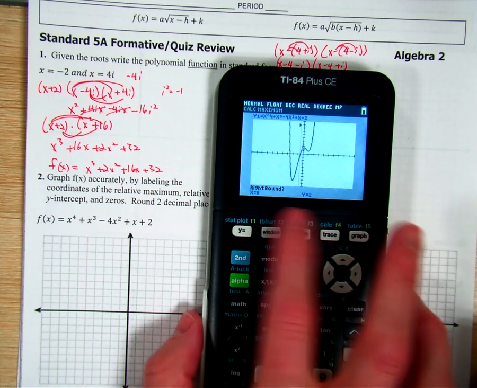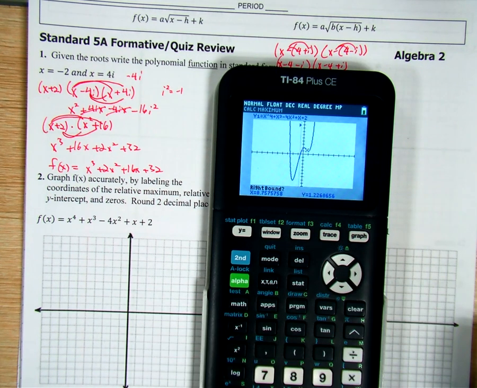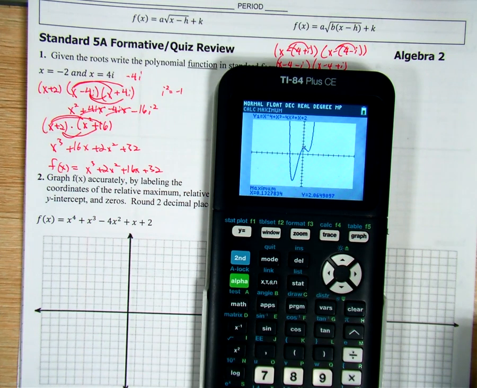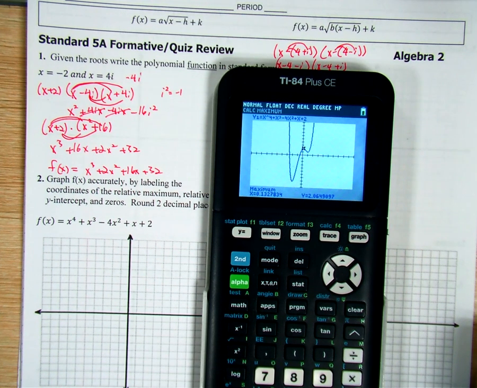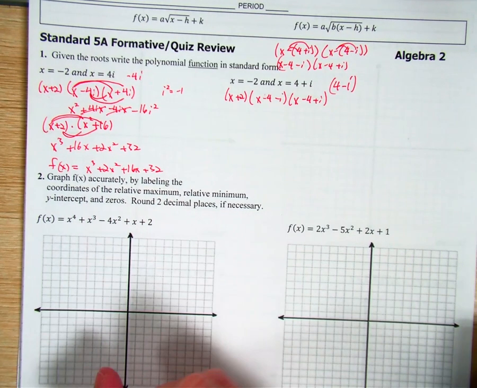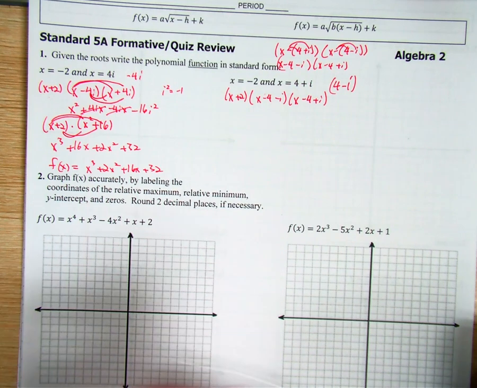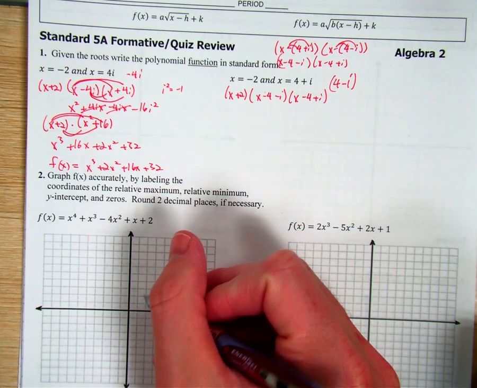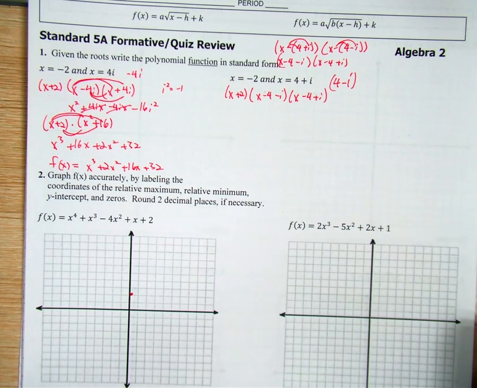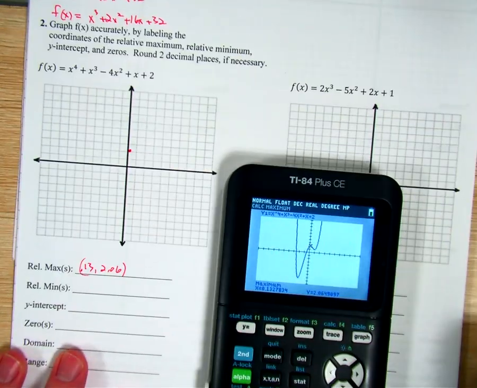Okay, now it's right bound, right, right, right, right, enter, back to the top of the hill, enter again, and you can see it's very close to 0, 2, but we got 0.13, 2.06. Okay, do the best you can with that dot. And I wrote it down there on the bottom.